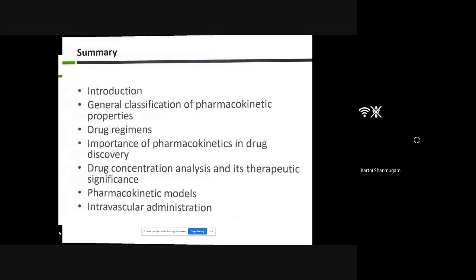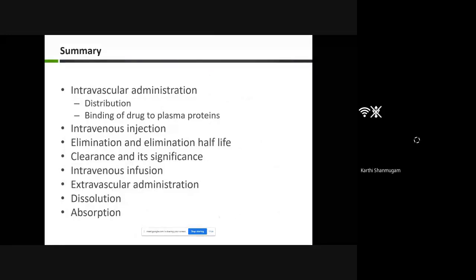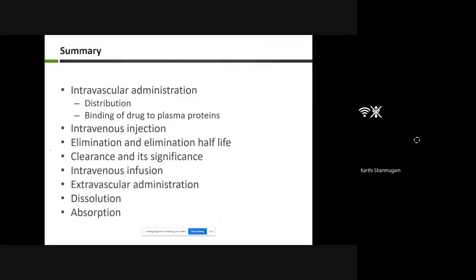Then, for intravenous injection, how will the parameters be affected if we go for an IV injection? Then we'll see elimination and elimination half-life. These are very important parameters to decide what dose should be administered to either the animal model or the human system.